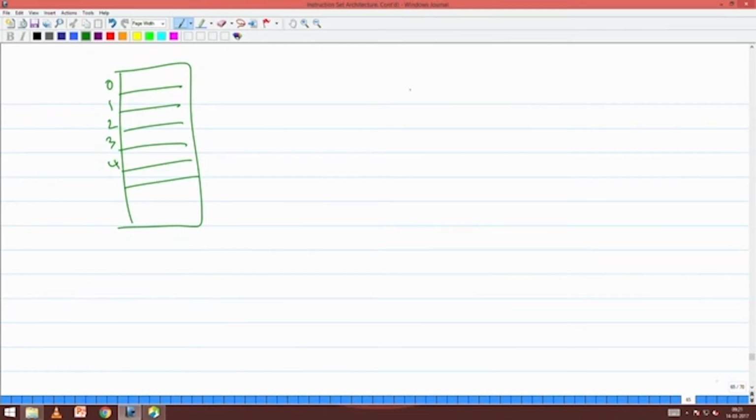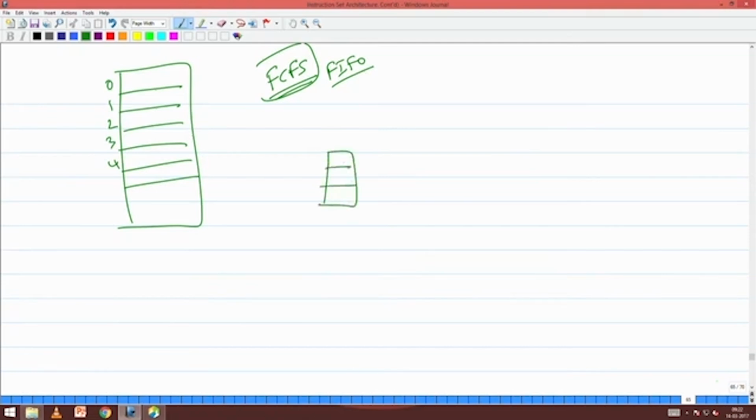The number of page frames I am giving is only 3. And the replacement strategy that I am following is first come first served. Which came first will be removed. So rather than first come first serve, it is called first in first out. Now I am giving only 3 pages.